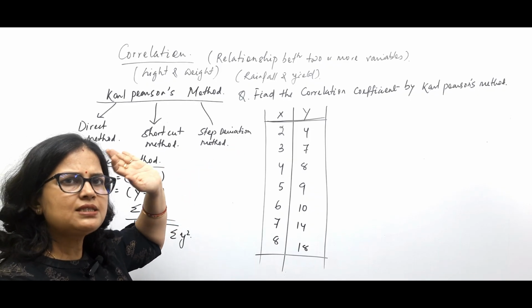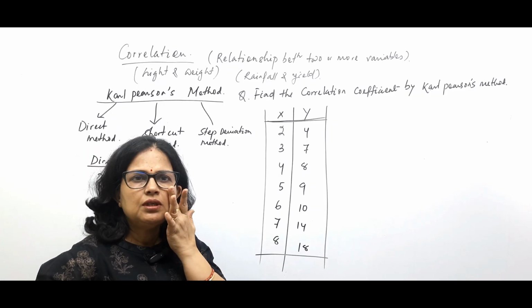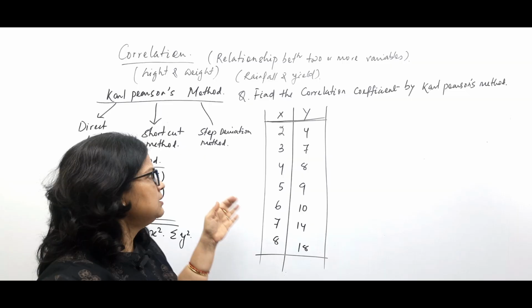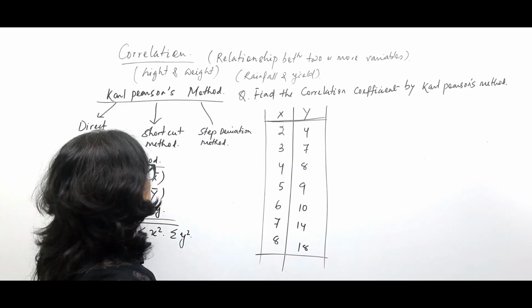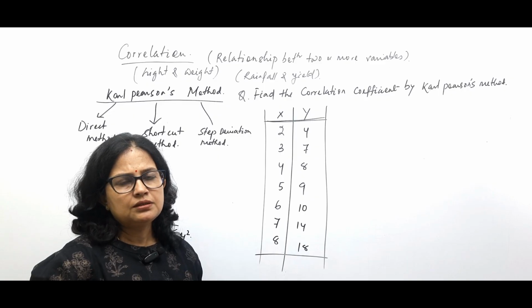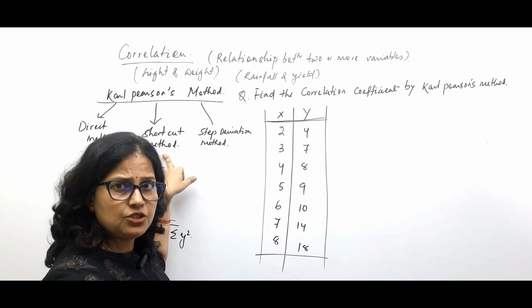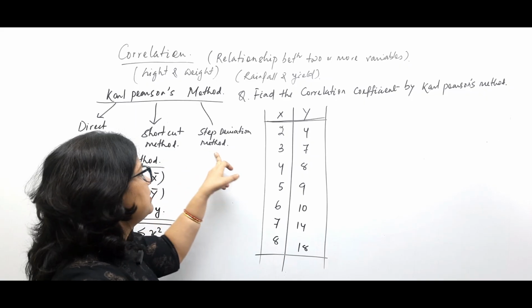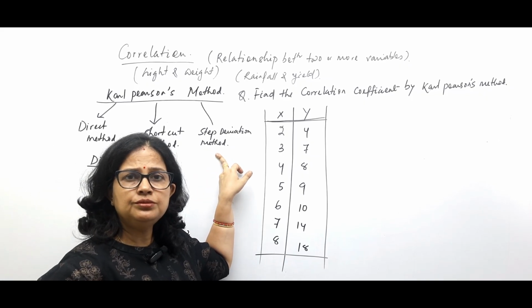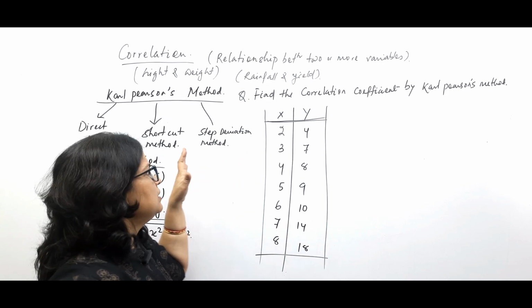As we discussed when studying mean, median, mode, the shortcut method is also known as the assumed mean method, and the step deviation method is used to make calculations easier.